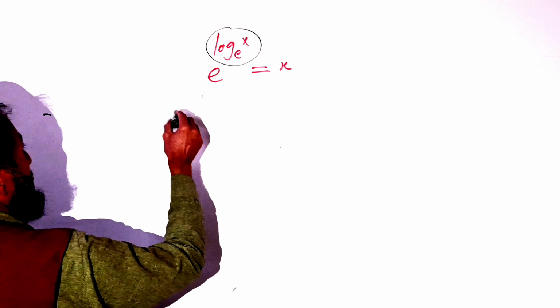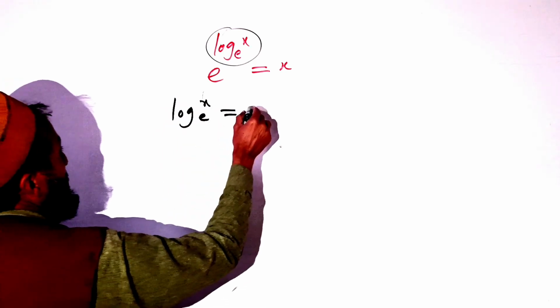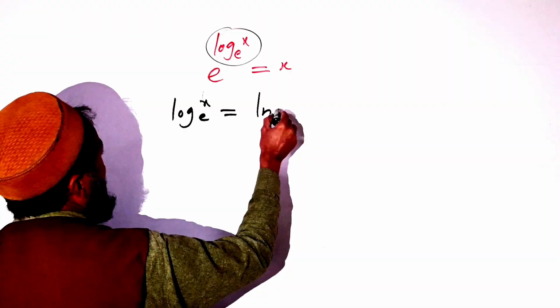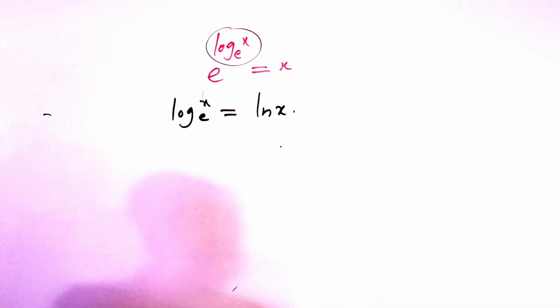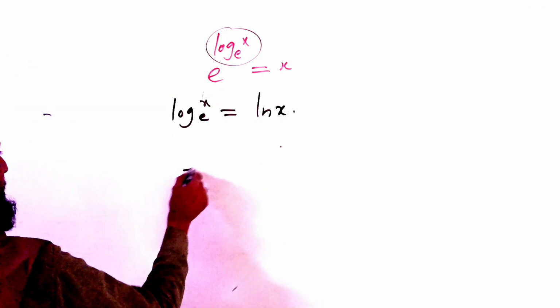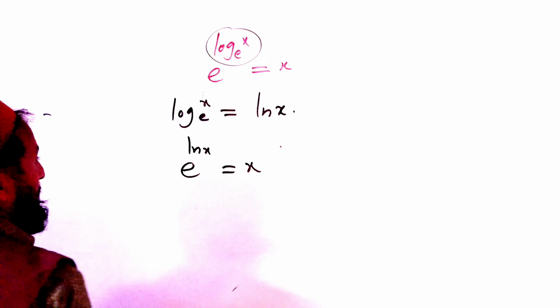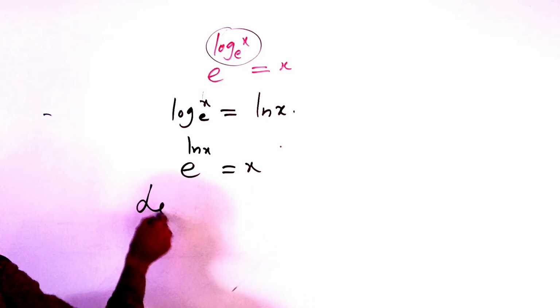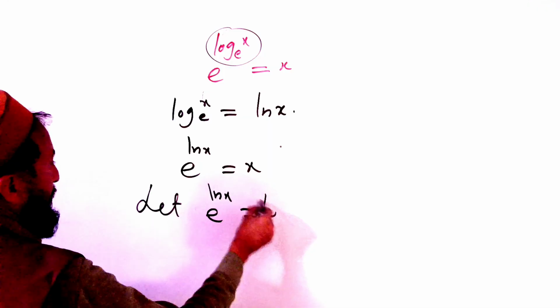equal to the natural logarithm; as we know, log of e^x is equal to x according to the rule. Now we substitute the result, and here e^(log x) is equal to x. Again we take a supposition: let e^(log x) be equal to t.